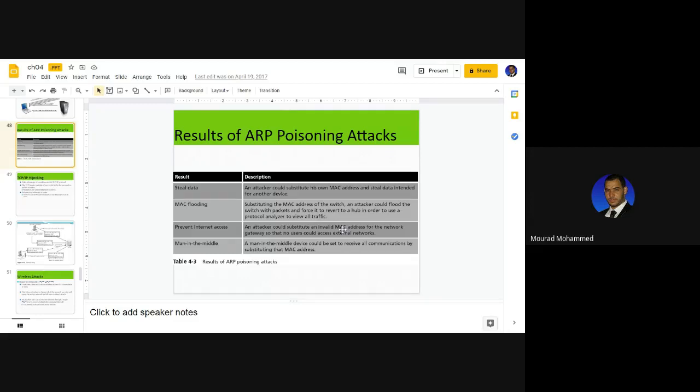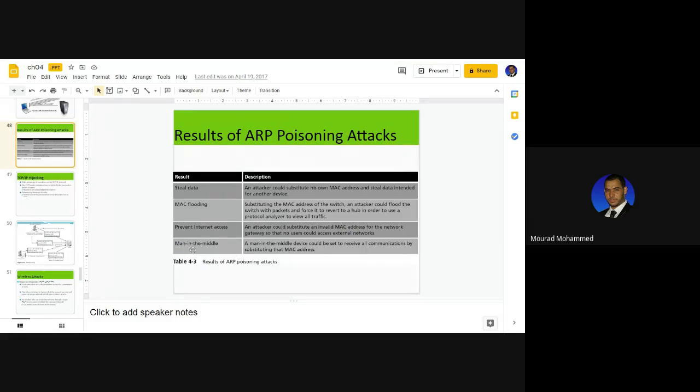But when we talk about ARP cache poisoning, there has to be a device recognized as a legitimate device with a falsified MAC address. So allowing or preventing access to services, resources, or the internet itself can be controlled by falsifying MAC addresses. You have to understand it this way.